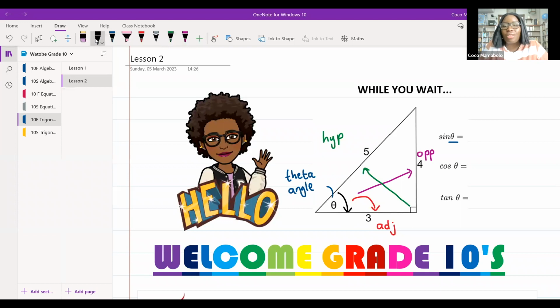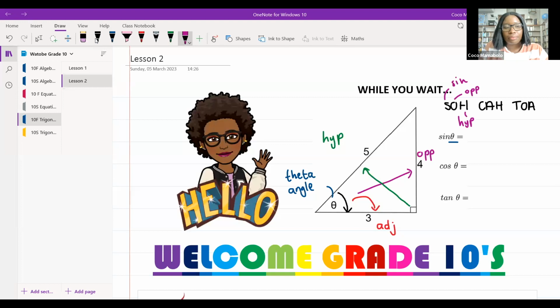In order for us to figure out what sine of theta is going to be, we need to remember that beautiful word that we learned last week called SOHCAHTOA. The SOH stands for sine, which is what we're actually looking for right now. And sine is opposite over hypotenuse.